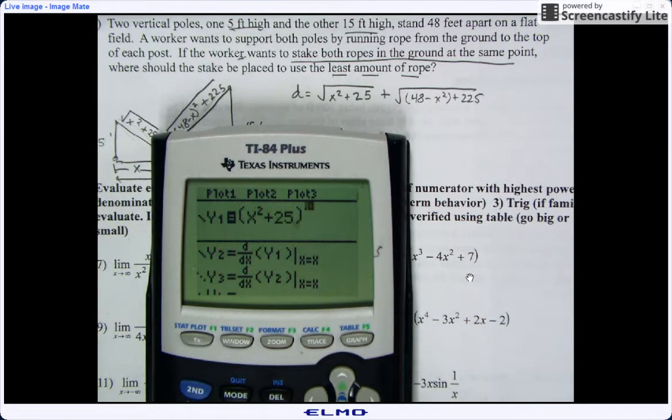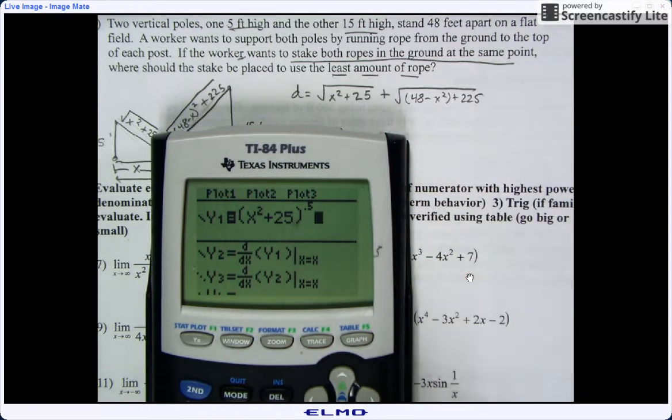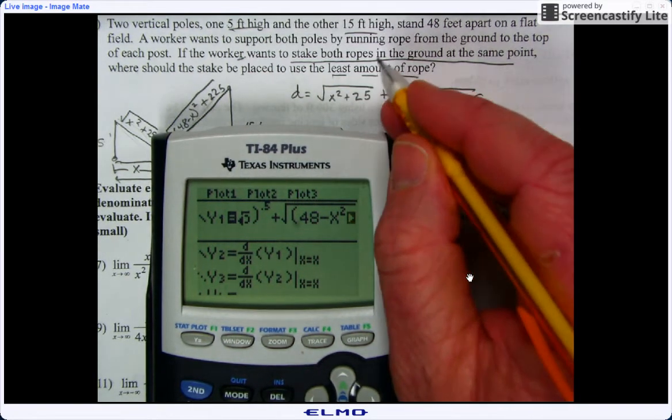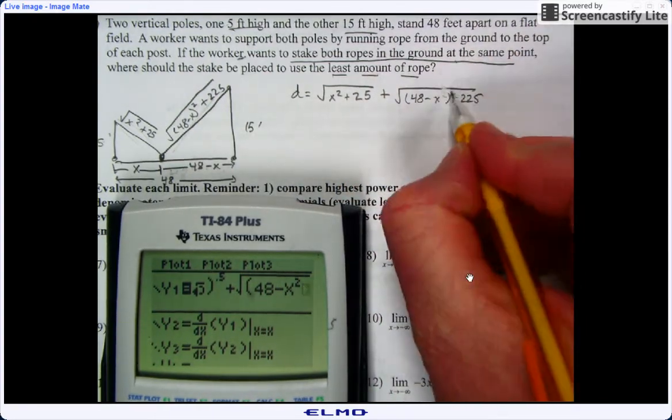I'll do this one to the 1/2. And the second one then, plus, I'll do the square root button on this one. Square root, parenthesis for the 48 minus x squared. And I did not write that as squared in the right place. Squared should be right here.